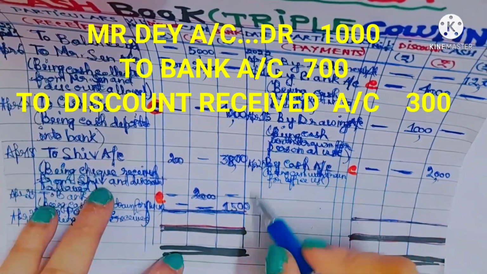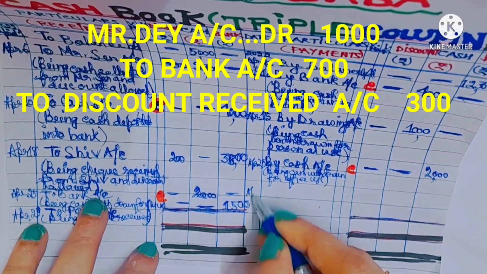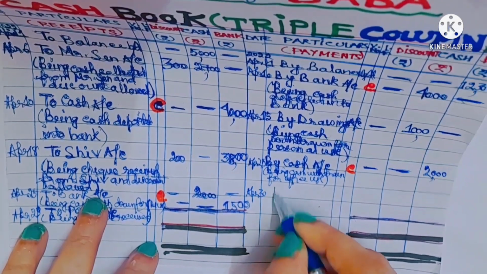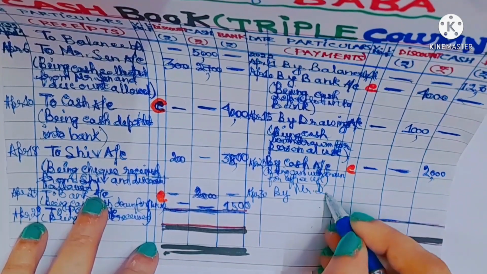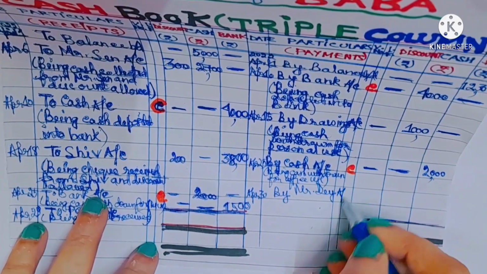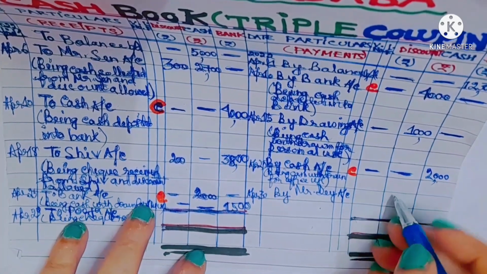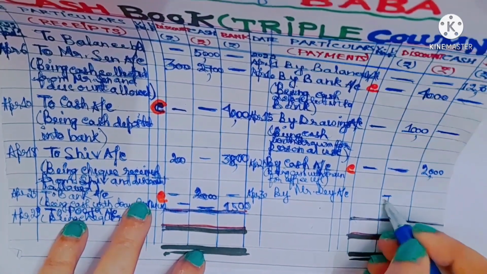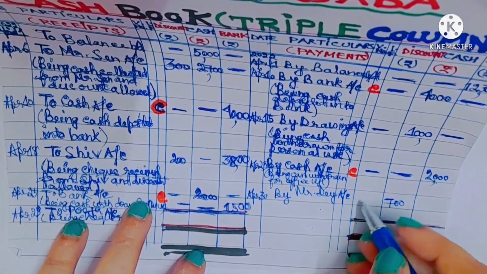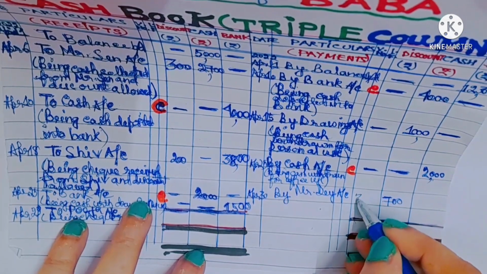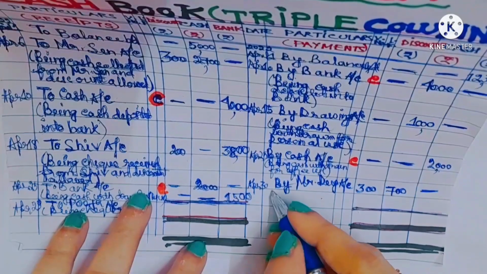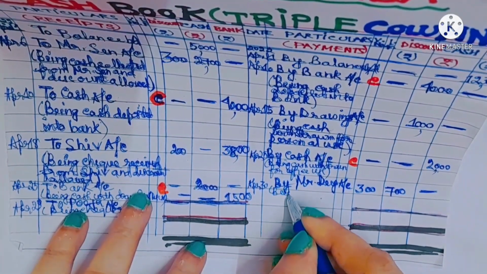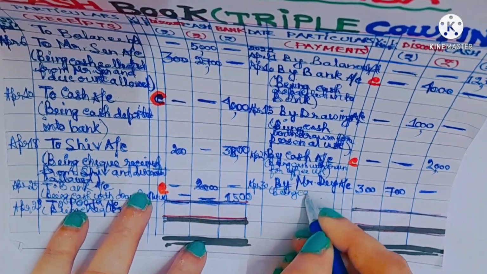On 30th April by Mr. De account in the cash column 700, in the discount received column 300. Okay. Now let me write down the narration being cash receipt from Mr. De.